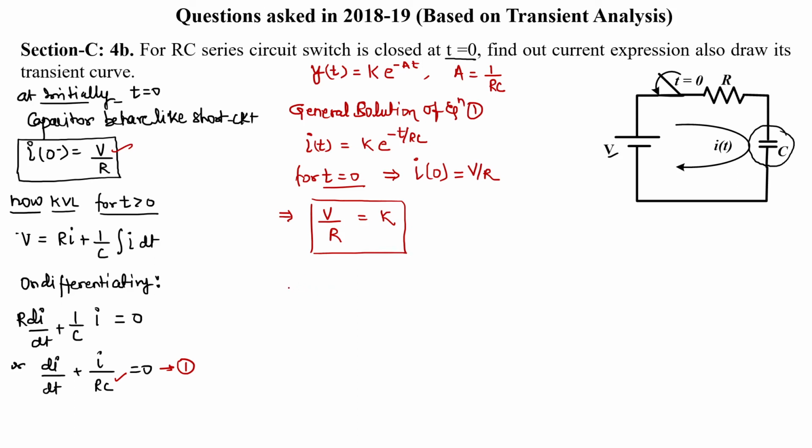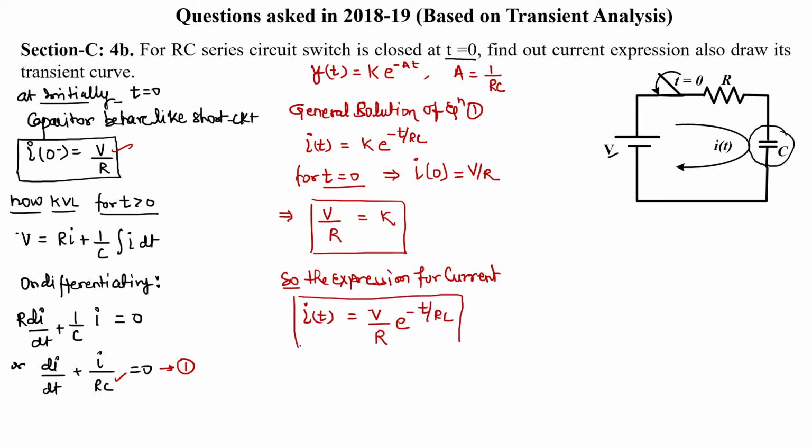Okay, so the expression for current will be what? It equals V divided by R e raised to the power minus t upon RC. Is that okay?